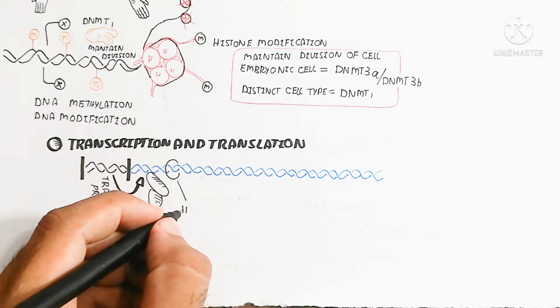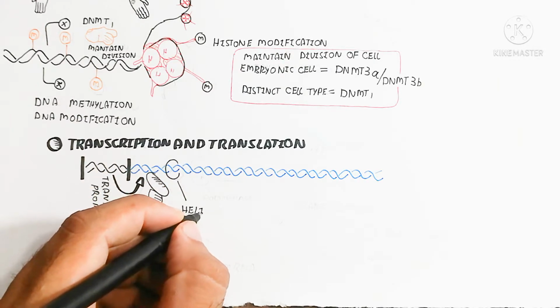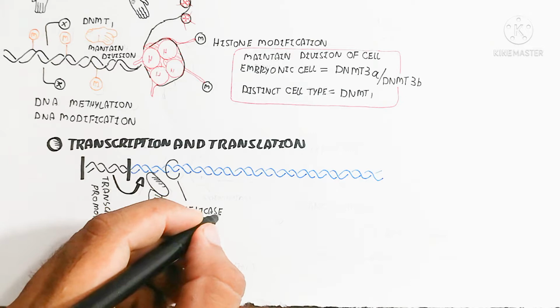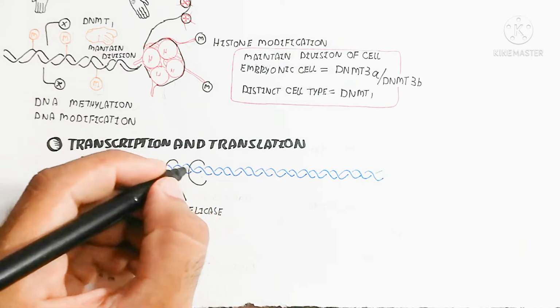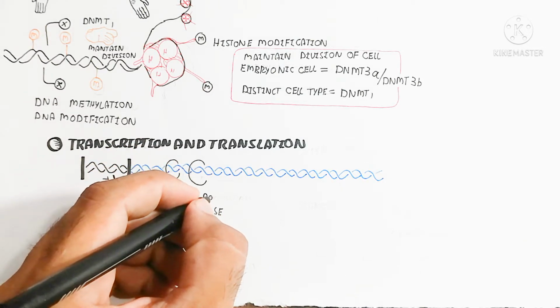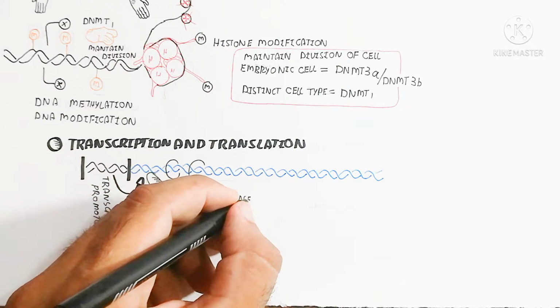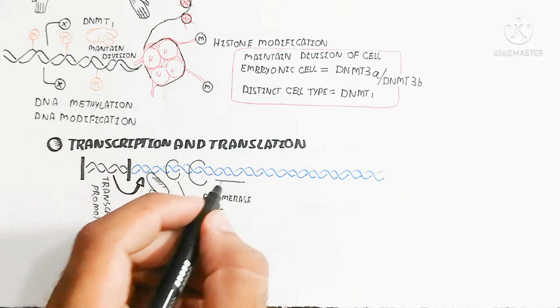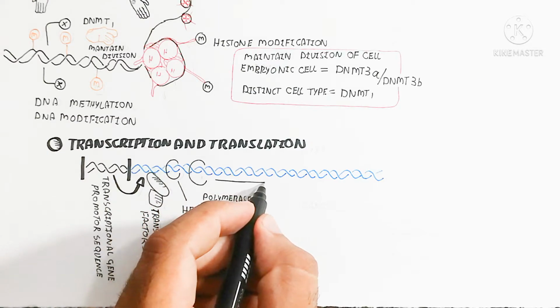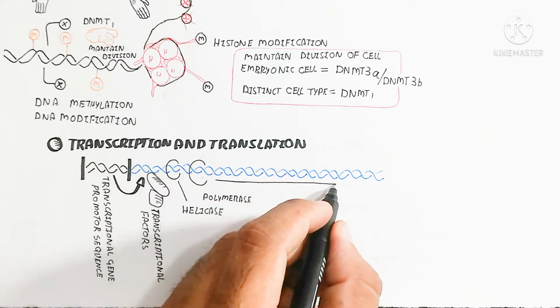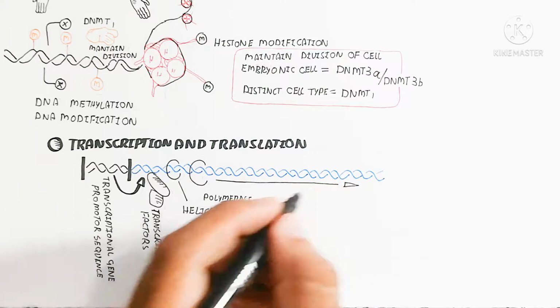This is the genotype, and the helicase enzyme and polymerase enzyme are used for transcription to produce messenger RNA, and this messenger RNA goes into the phenotype. The protein is produced on the basis of need, but excess protein is controlled by epigenetics.